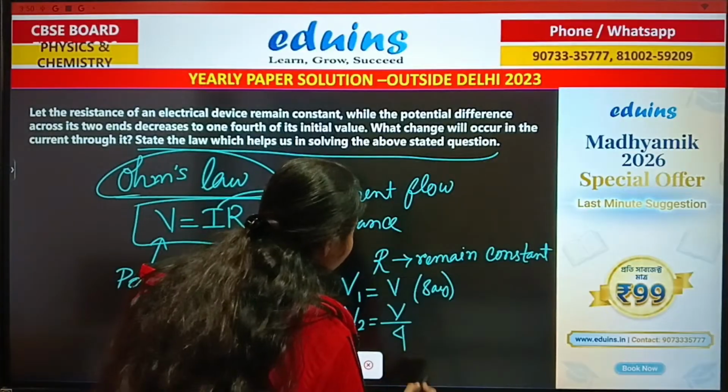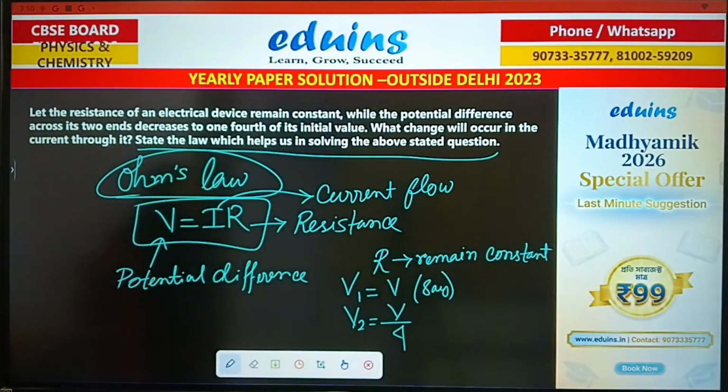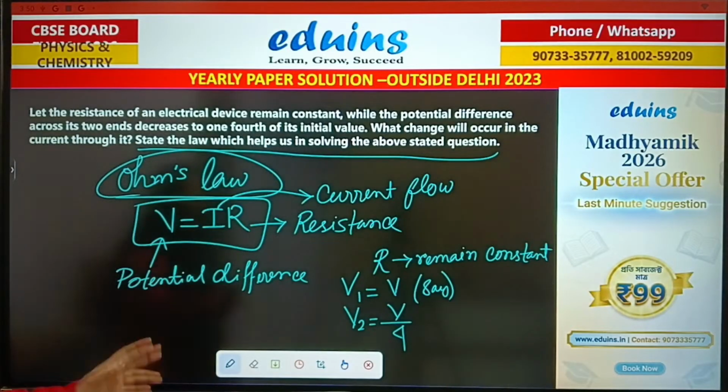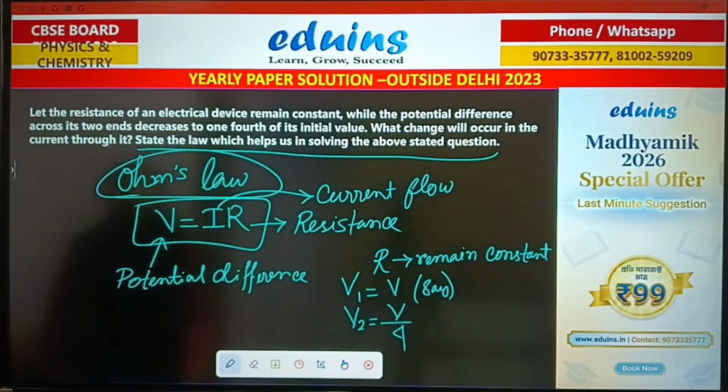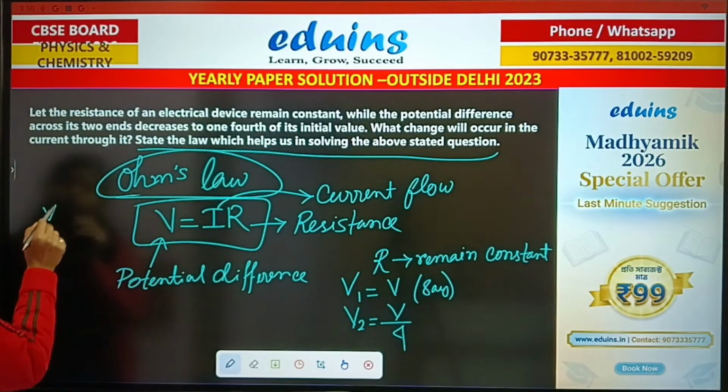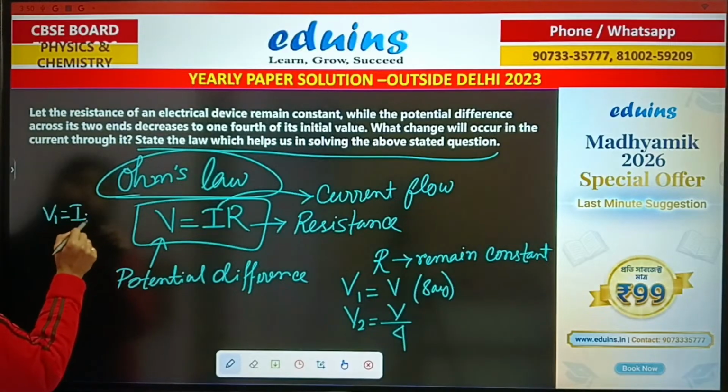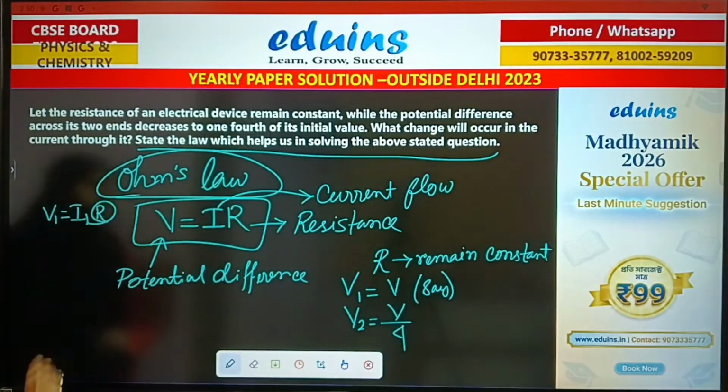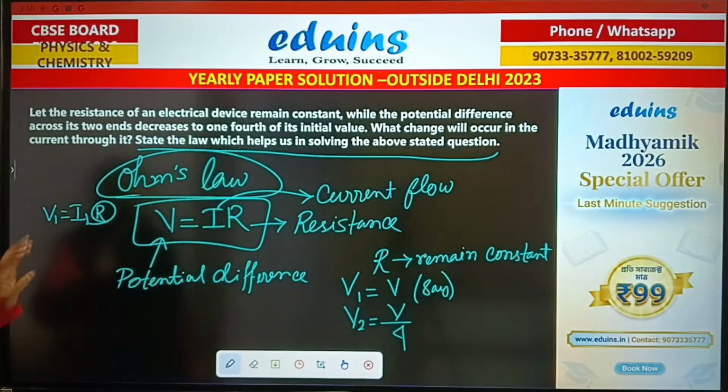Now R remains constant. What change will occur in the current? For V1 we have I1R. R is constant, so there will be no change for it.